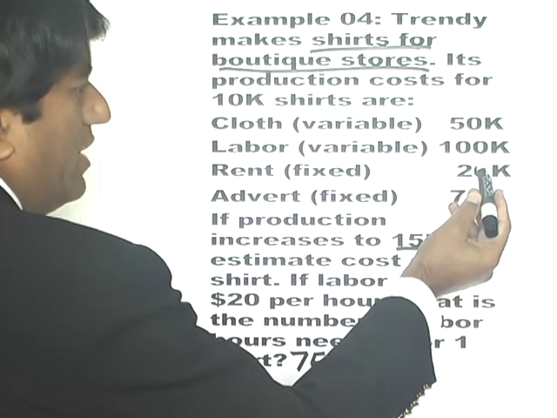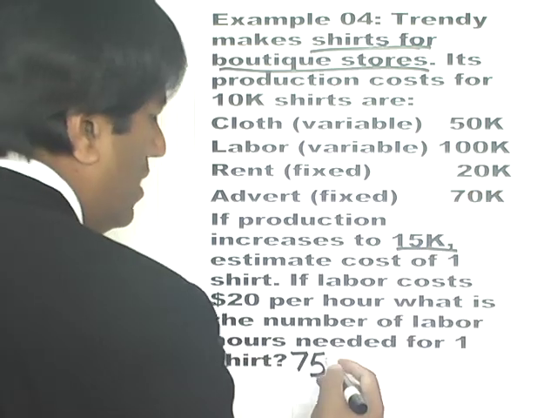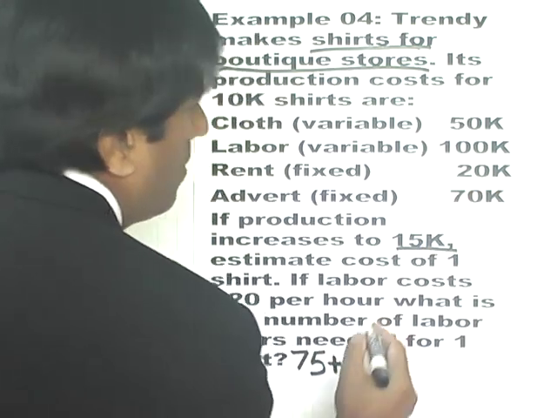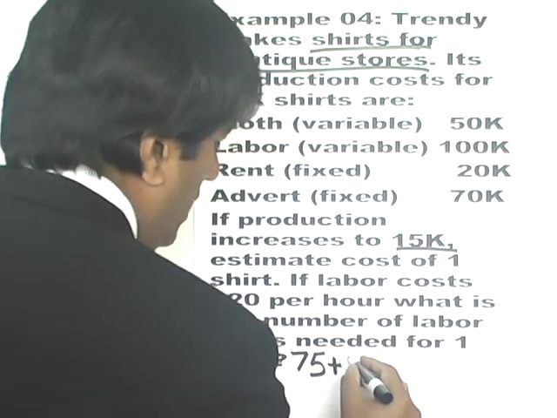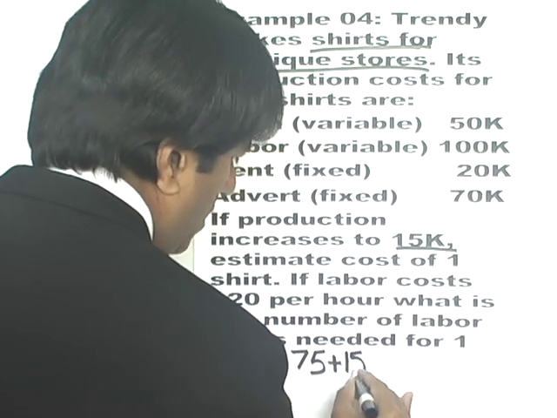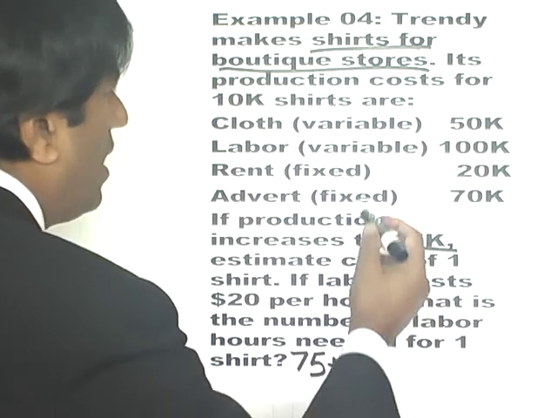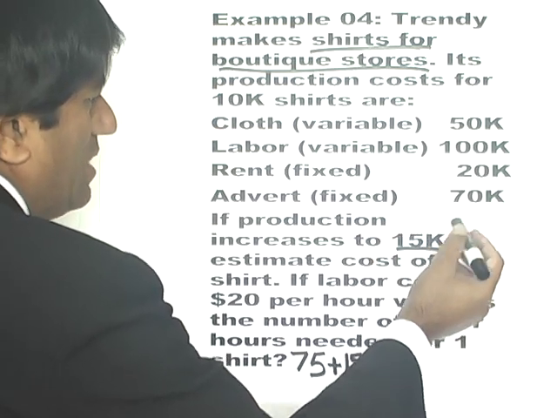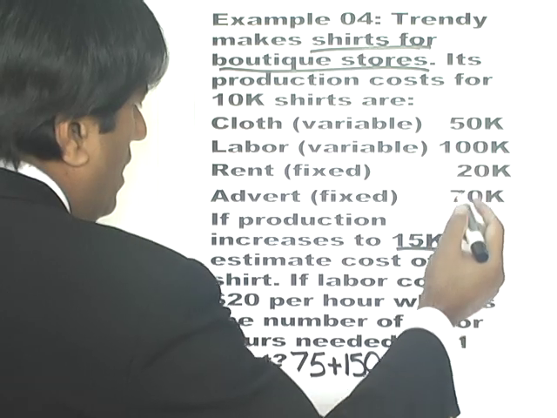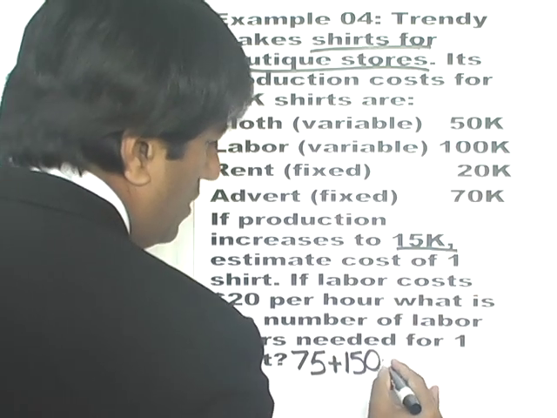Labor will increase from 100K to 150,000. Rent is going to remain at 20, and advertising is going to remain at 70.